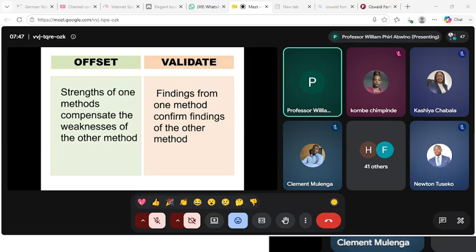Validation: findings from one method confirm the findings of the other method. You can see that strength, so it does play the role of validation.